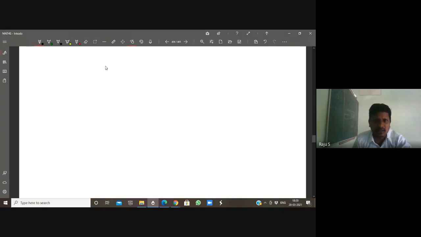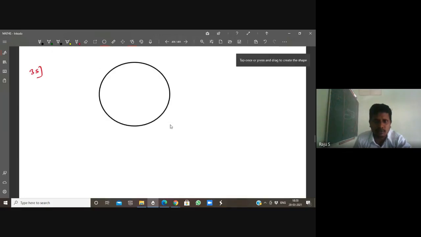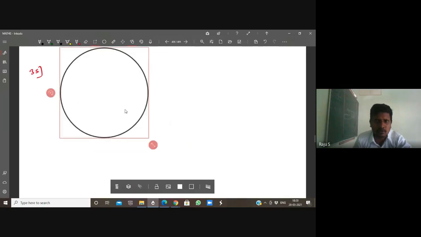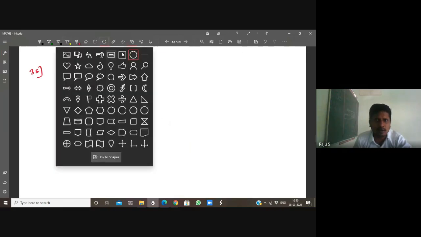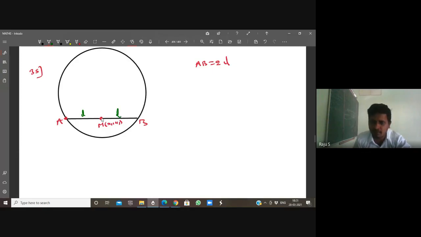The length of the chord they give clearly. Taking the midpoint as (x1, y1) and the chord as AB, the length they given is AB equal to 2L. Then what is AM? AM value is L, because M is the midpoint.